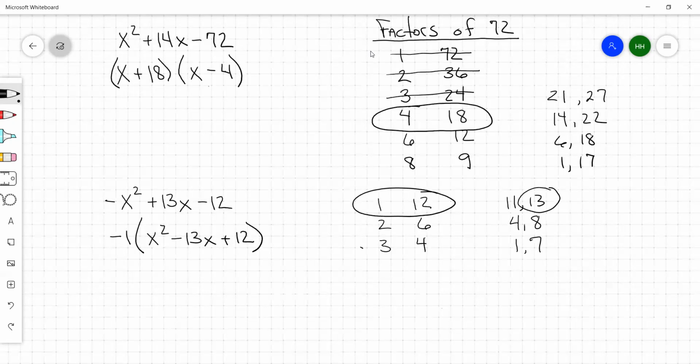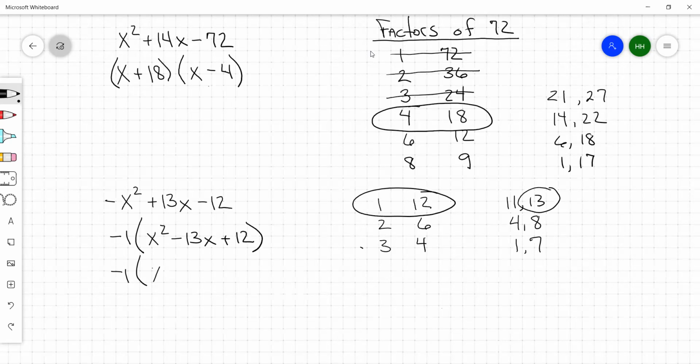So now we're factoring what's inside the parentheses. We took this negative 1 out. It stays out, but don't forget about it. It's got to keep falling down. So for our factors, we need a negative 13 but a positive 12.